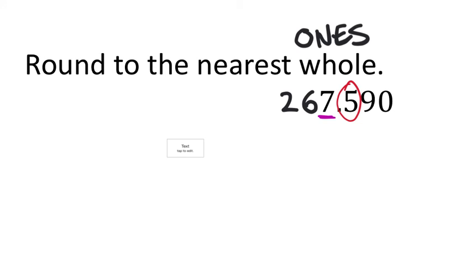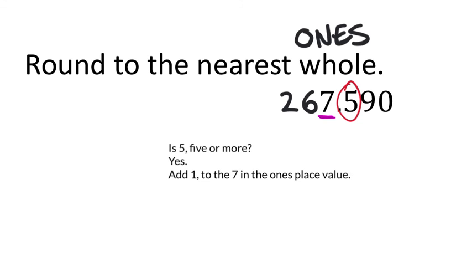So once again, we have to ask the question, is 5 5 or more? And the answer to this one is yes. So add 1 to the 7 in the ones place value.